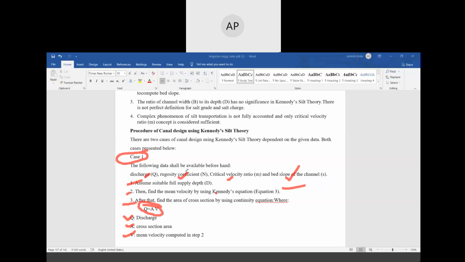Here, one term is the rugosity coefficient, and what is that?